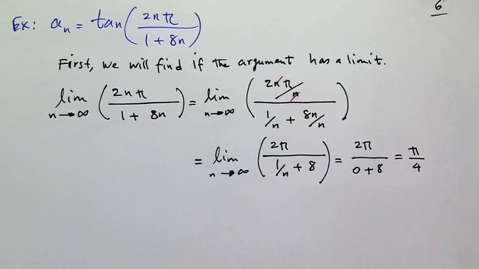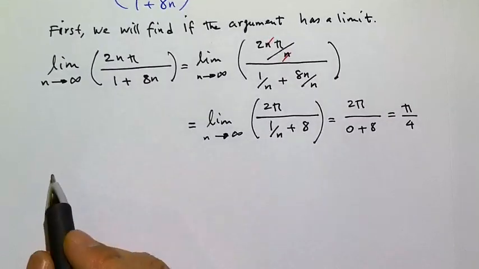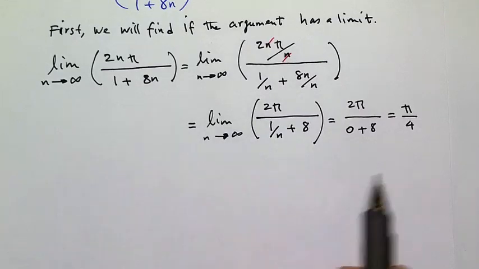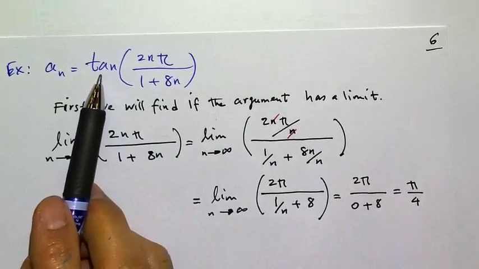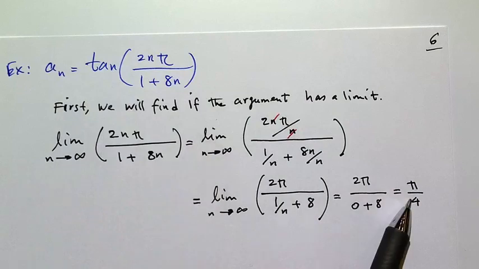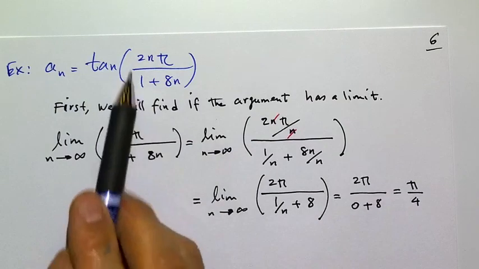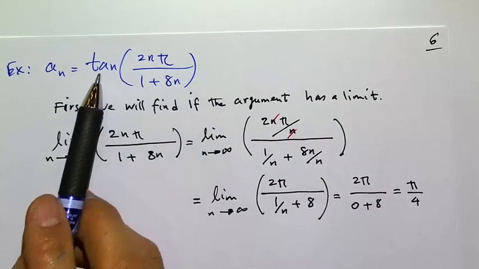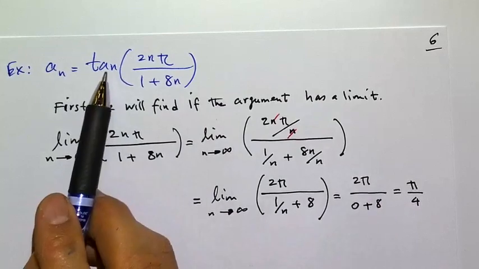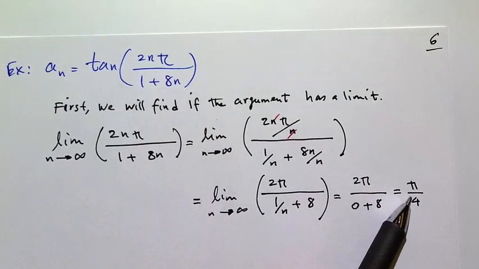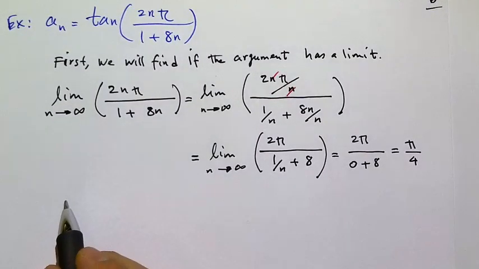Okay, so then, by the way, if this has a limit that is equal to pi over 4, what happens to the tangent function at pi over 4? It is continuous, right? And it's equal to 1. So let's make a note of that.